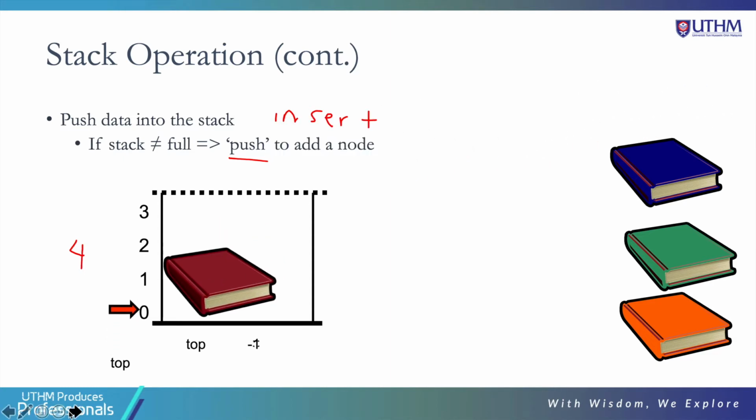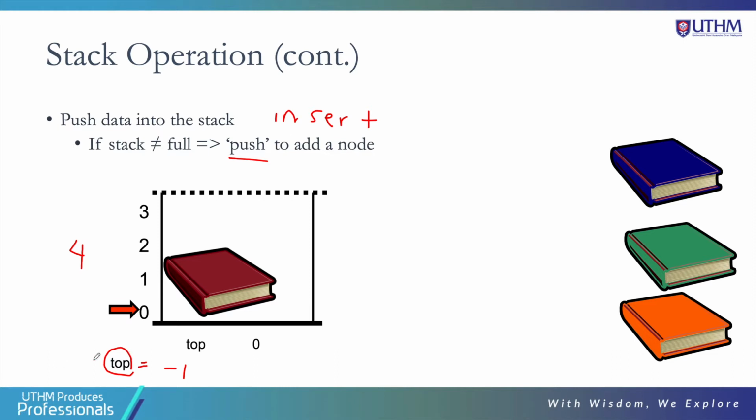So what happens is, whenever we add the first element, the top here will move to 0. Previously, top is equal to -1. -1 means that the stack is empty.